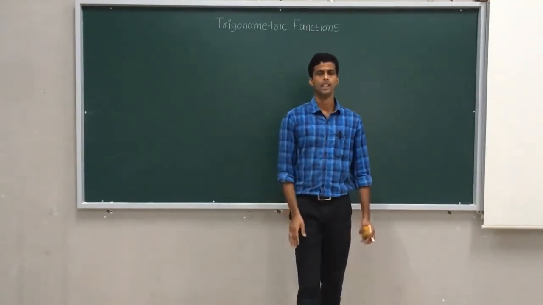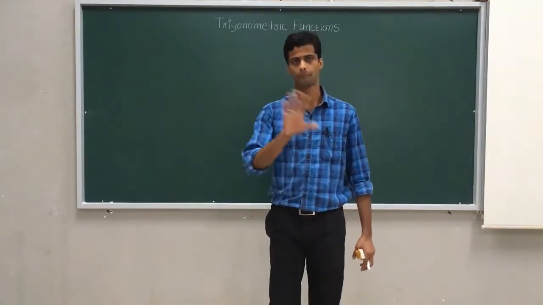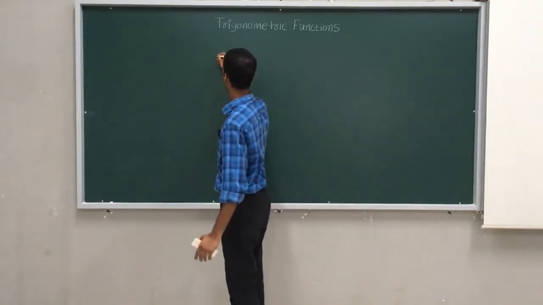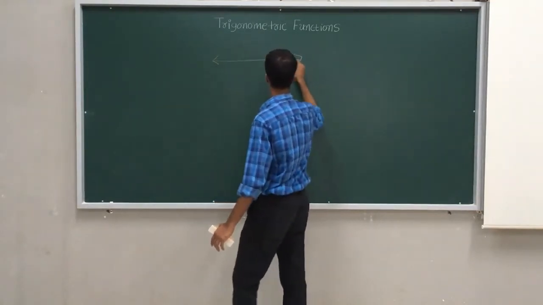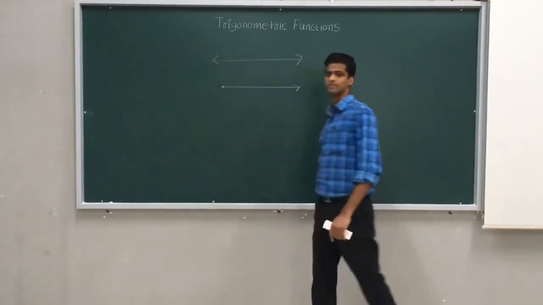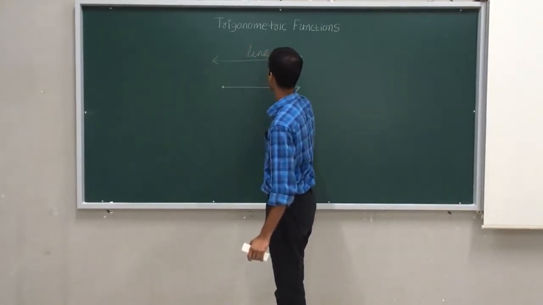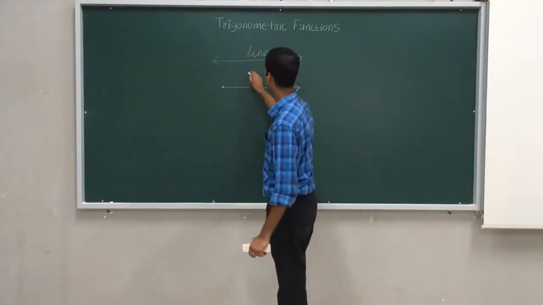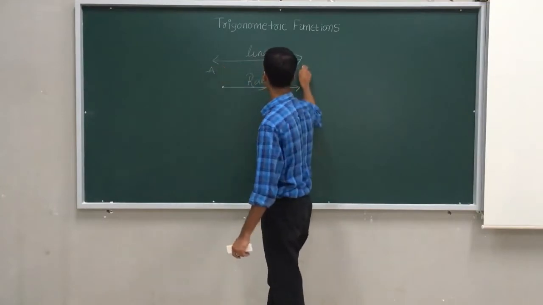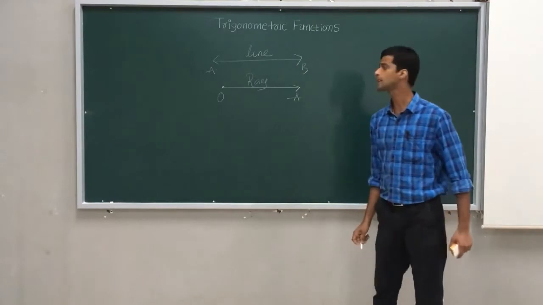So I have some basic idea about angle. Okay, so I want to tell you what is the difference between these two. I can call the very first one a line, and the second one a ray. If I take this as point A, point B, and this as point O, point A. What is the difference?